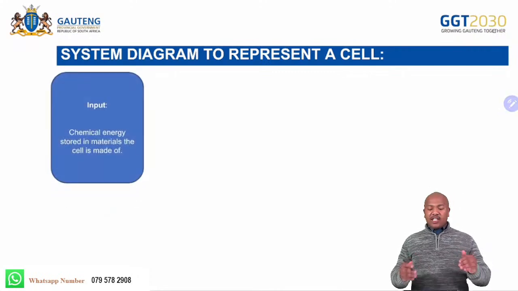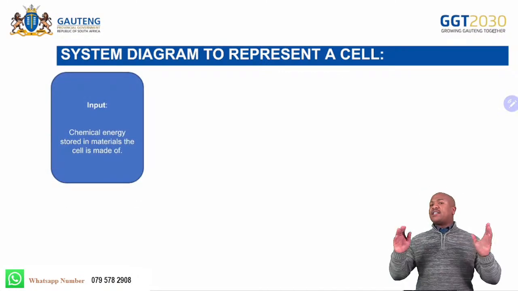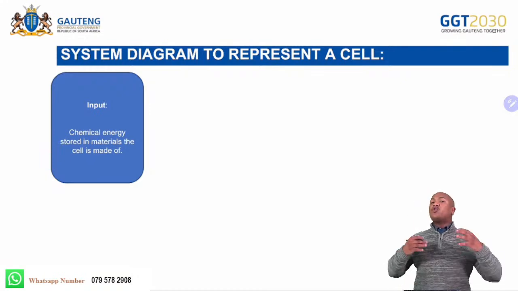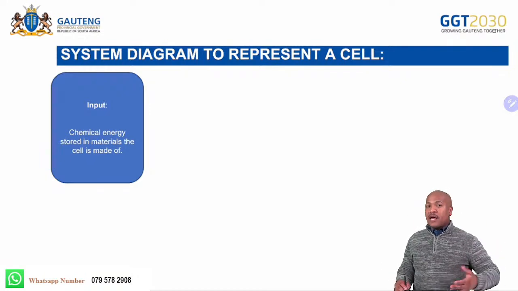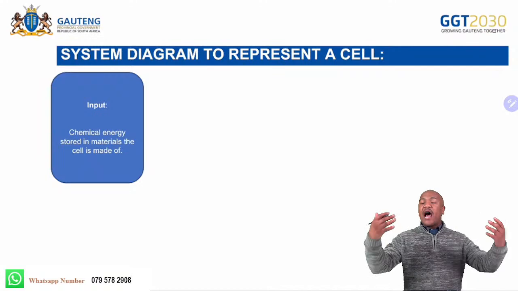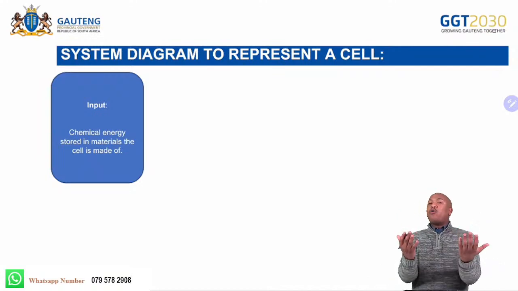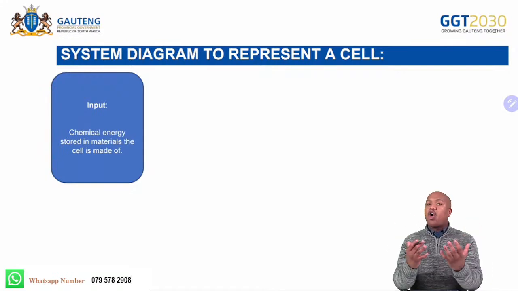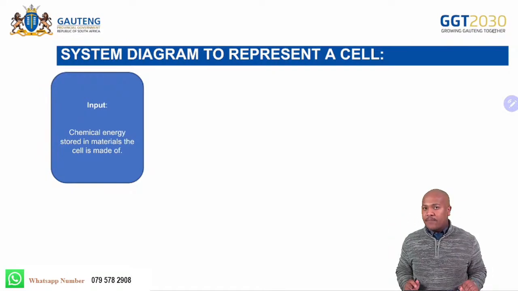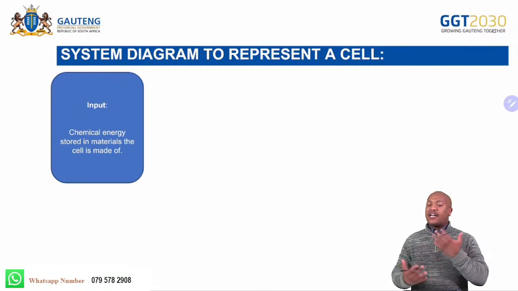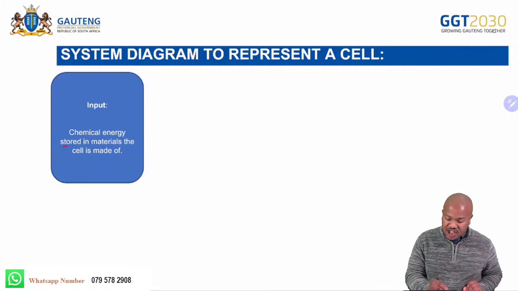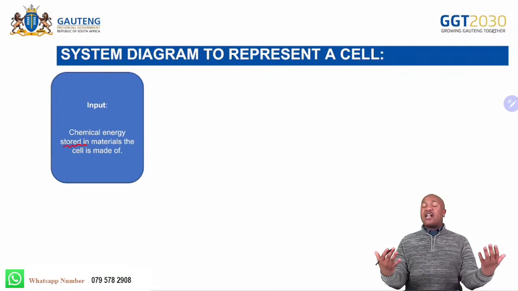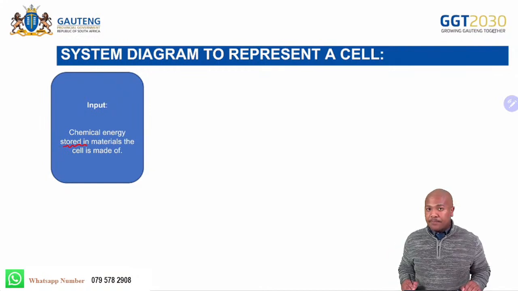So now, let's look at a system diagram to represent a cell, right? We have to look at the input, the process, and the output. So for input, what do we have? We have chemical energy that is stored inside a cell, in the materials of the cell, right?